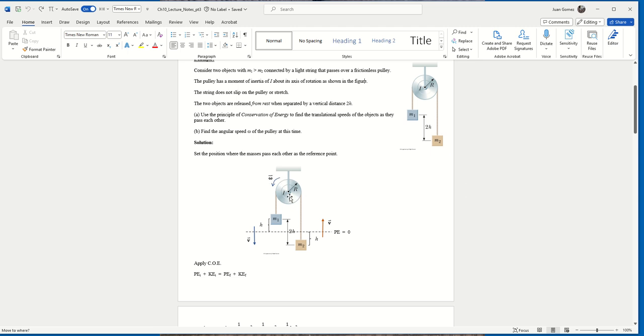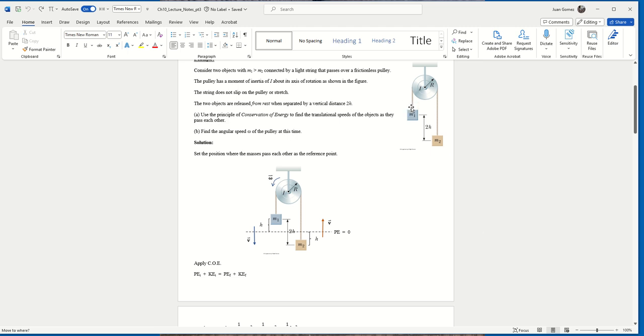The pulley has a moment of inertia I and a radius of r, and it's pivoted about an axis that passes right through the center. So what do I want? I want to know the translational speeds of the objects, the speed at the point where they pass each other. And then I want to know the angular speed omega of the pulley at that same instant.